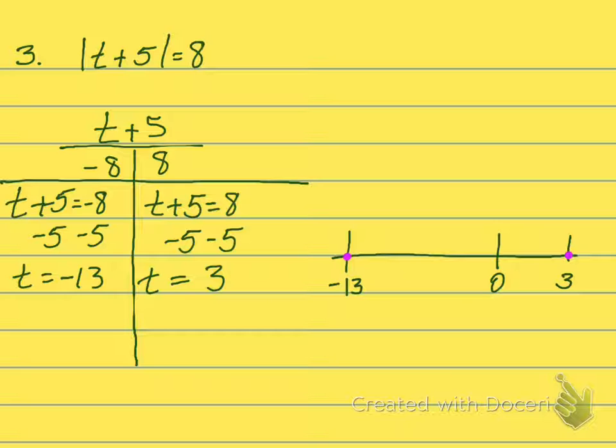Okie doke. Next, we did number 7. That is 11 times the absolute value of x minus 8, minus 7, equals 48. This is one that we have to strip everything off from around the absolute value bars before we can set things equal to the positive and negative side.